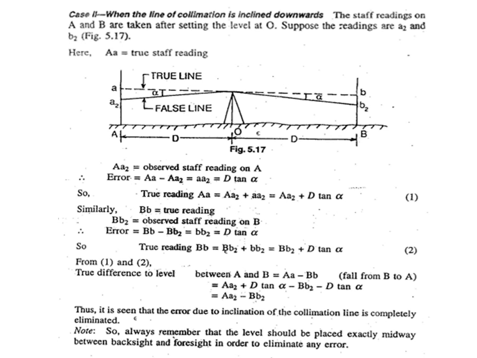So from equations 1 and 2, the true difference of level between A and B equals AA minus BB, that is the fall from B to A. Therefore, it is AA2 plus d tan alpha minus BB2 minus d tan alpha, equal to AA2 minus BB2. Thus it is seen that the error due to inclination of the collimation line is completely eliminated.